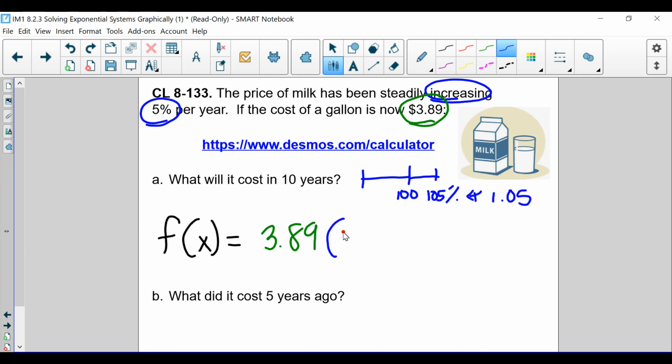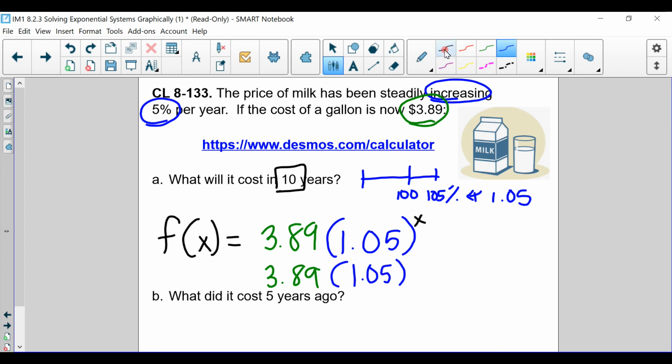So we write it as 1.05, and then we put the x value. But in this question, it's telling us in 10 years. So that means we have the 389, the 105, and then we put this to the 10th value.